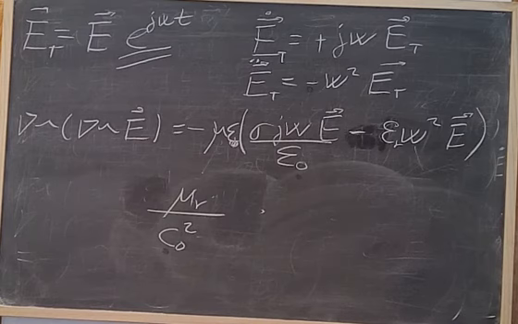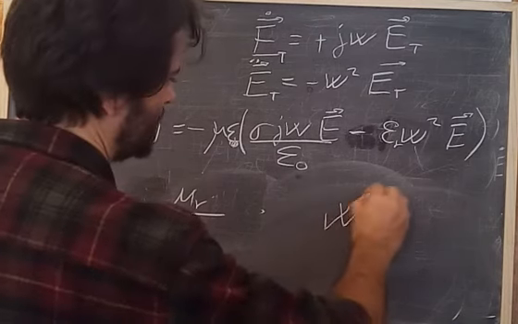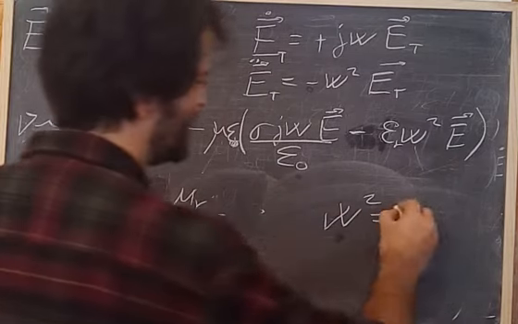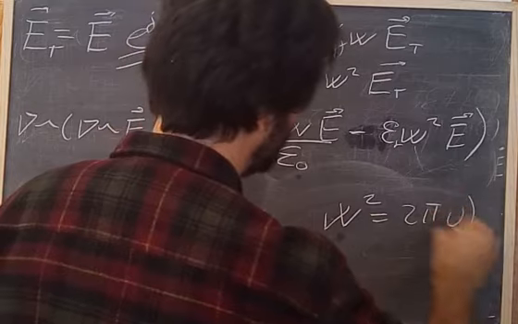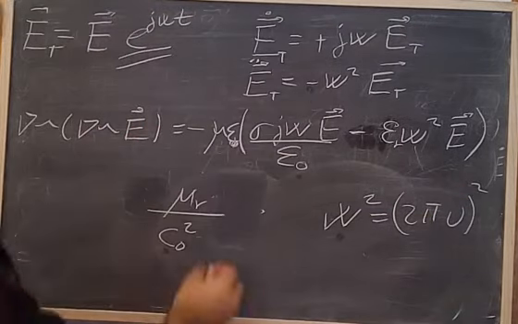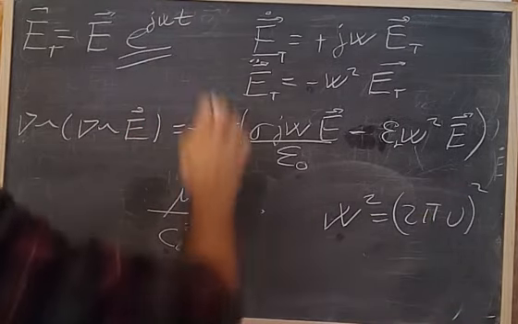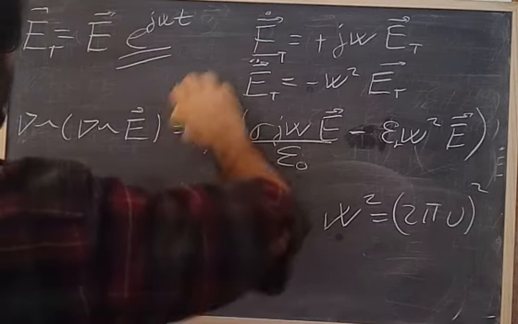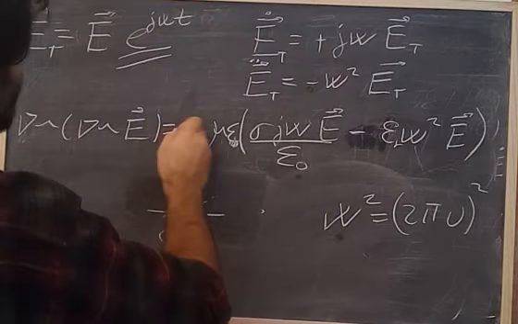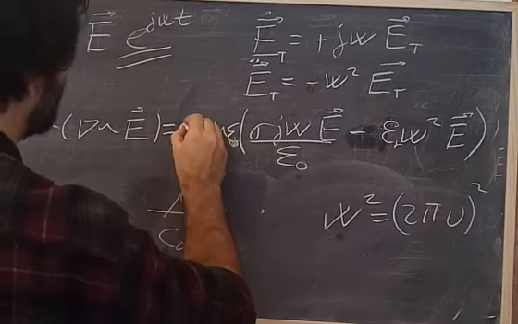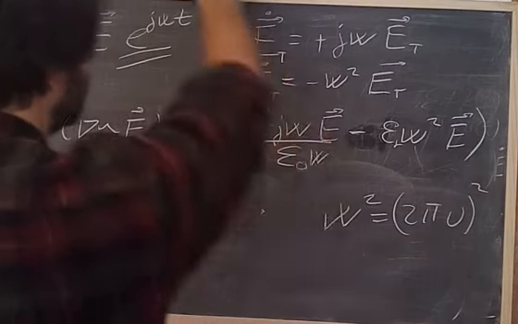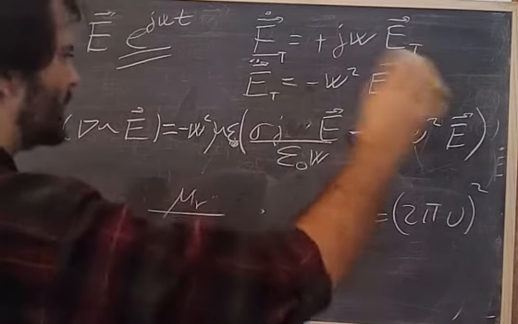In addition, I know that the angular frequency squared is 2 pi nu squared. So I can write here this frequency. Allow me to write here this minus omega squared omega, and here it is anything.